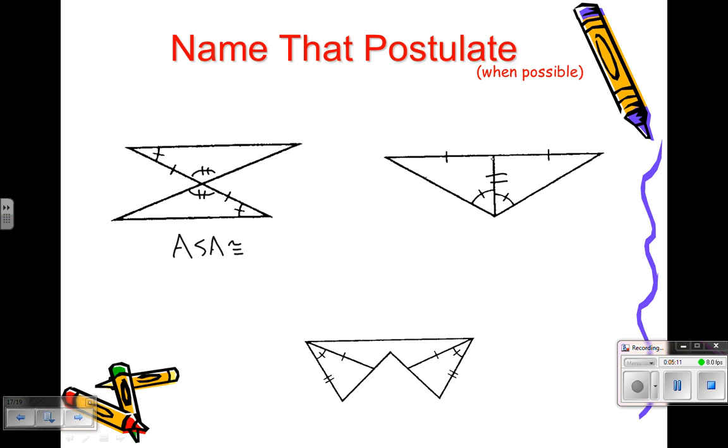So you have side, side, angle, and side, side, angle, once again, does not work. And finally, here in this complicated mess, you have side to side, angle to angle, side to side. So that's going to be side-angle-side congruence because the angle is between the two sides.